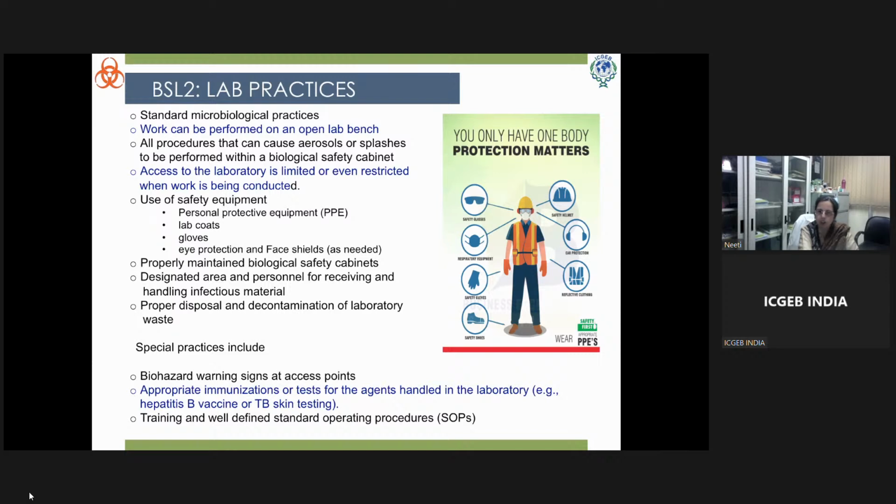So a smaller area or a smaller corner in the lab can be further restricted or defined so that specific handling takes place within that area and the chance of spread is further minimized.